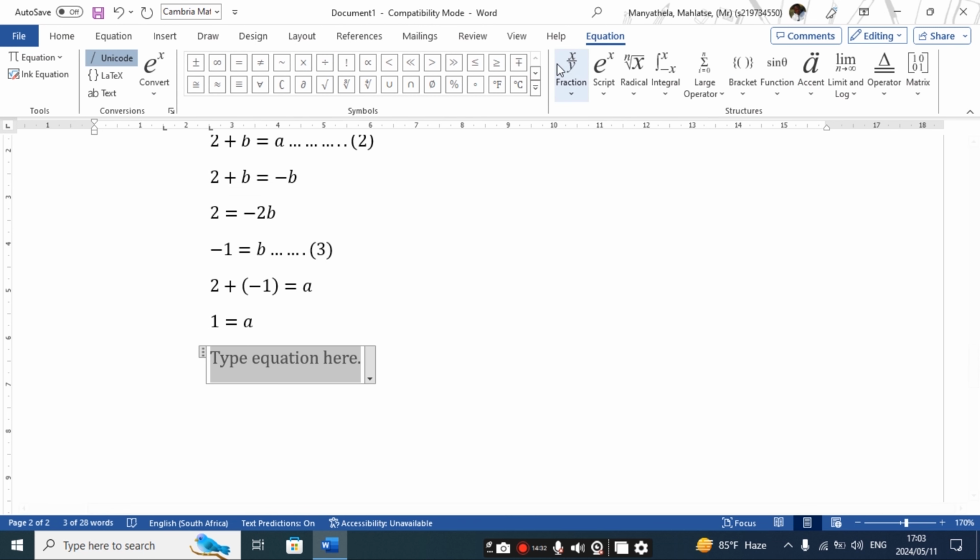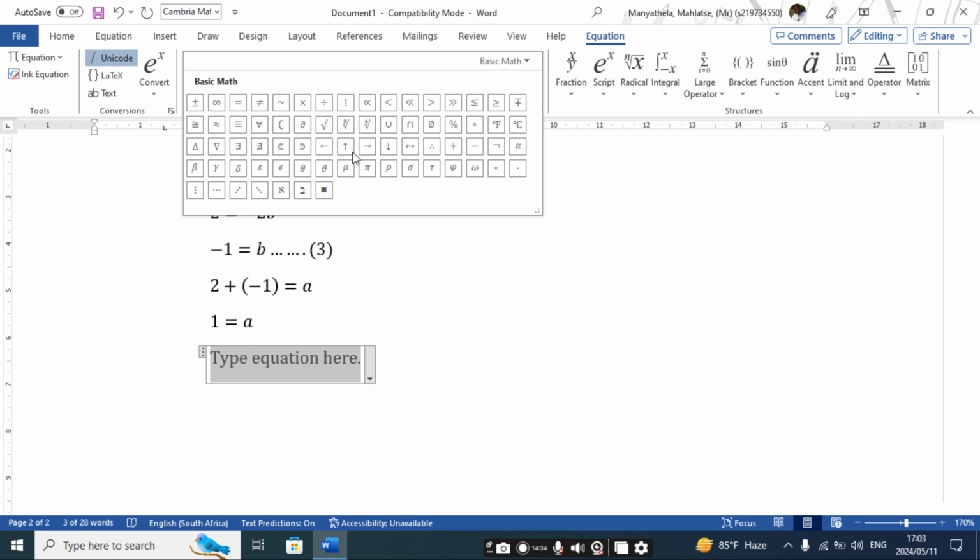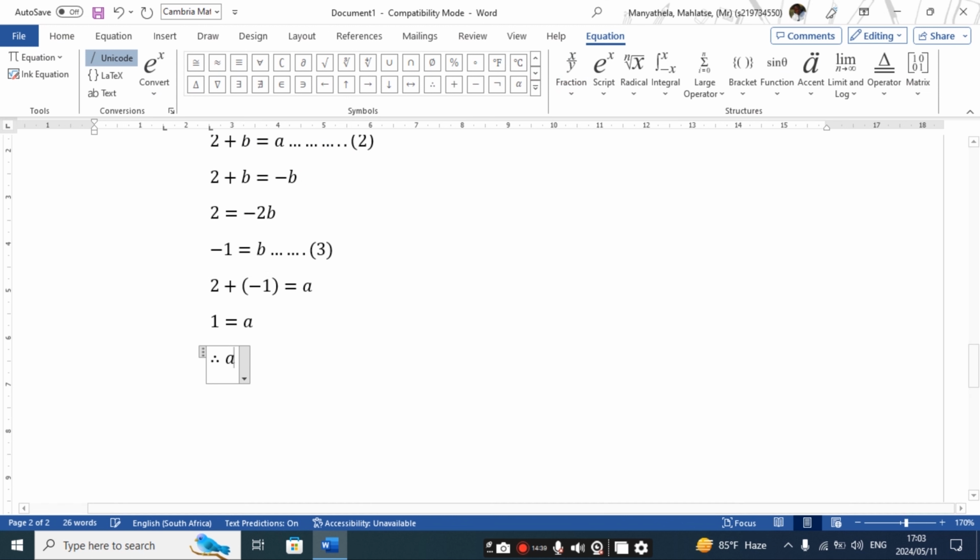To wrap it up, we can say therefore a equals 1, b is equal to -1, and c is equal to -6.